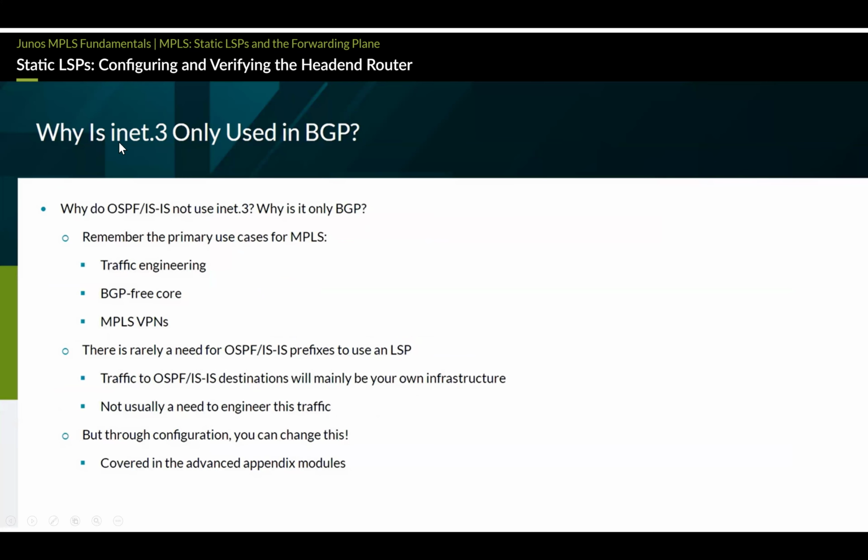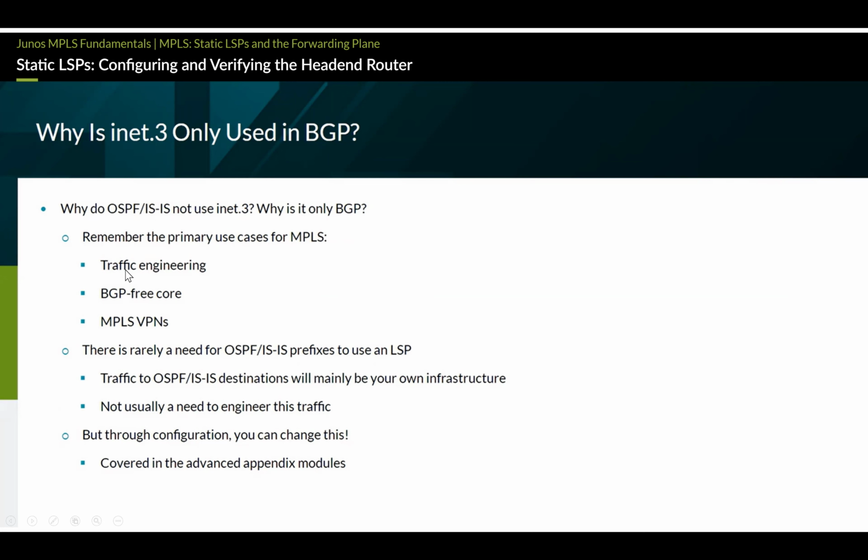Why is inet.3 only used by BGP, and not by another IGP like IS-IS or OSPF? The reason is to remember the primary use cases for MPLS.